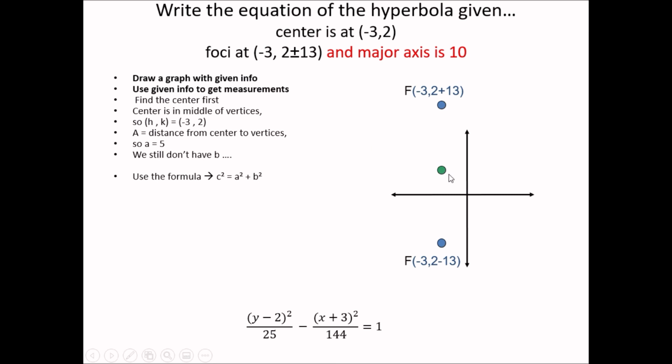Center to foci. Count mo lang yung units dito. So, we have 13. And then, pag gagamitin natin yung formula C square is equal to A square plus B square, yung B natin is equal to 12. Now, pwede na natin siyang i-plug in sa formula.